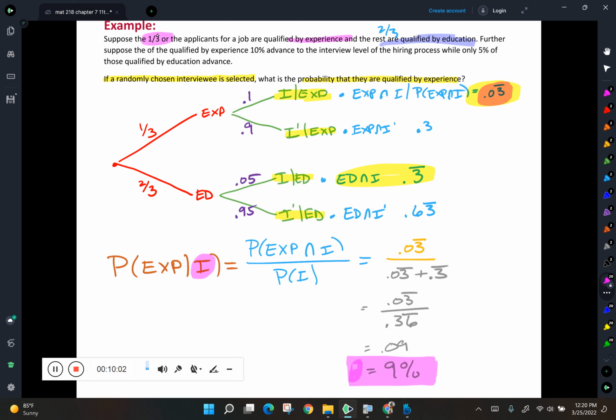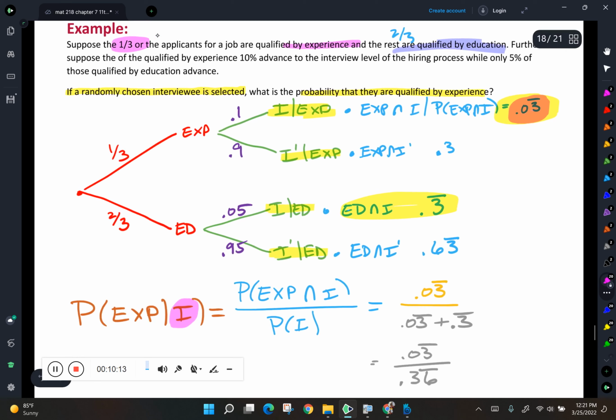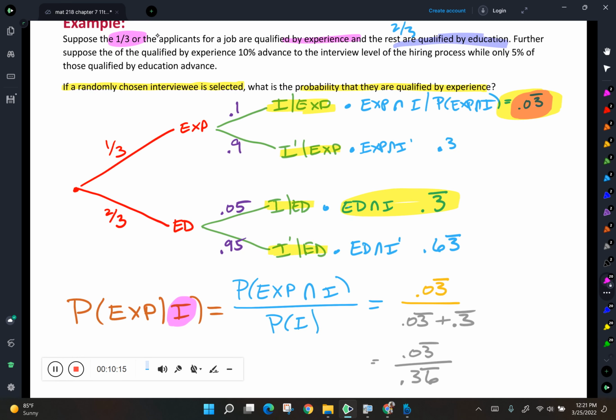So this is conditional probability. Conditional probability is this idea that something happens and we know a prior event, right? Bayes' theorem builds on that and says, what happens if you want to change the direction, if you want to change the order of the conditional probability? So everything in this problem, all of this stuff up here, is conditional probability, but it's all the conditional probability about getting an interview if we know that you have experience, or getting an interview if we know that you have an education.